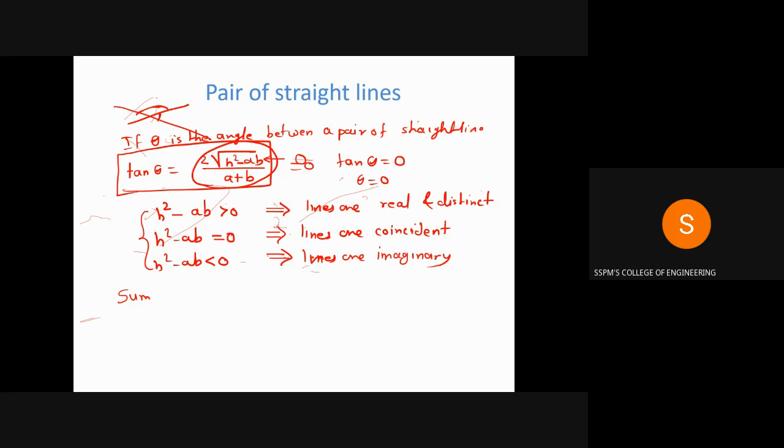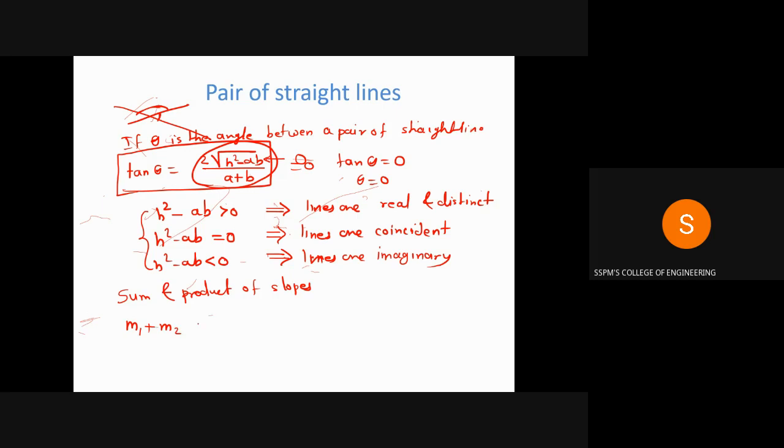Now, sum and product of slopes. Suppose m1 is the slope of the first line and m2 is the slope of the second line.